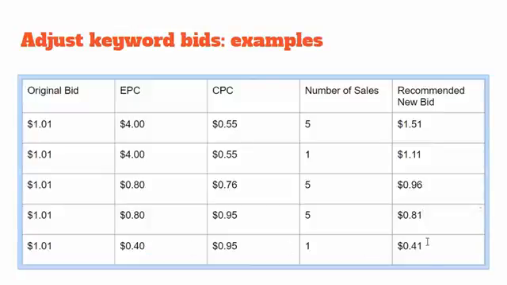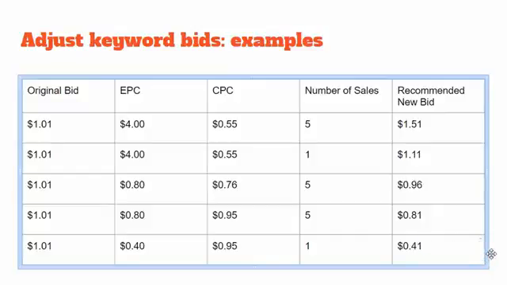So the maximum CPC would be 41 cents. But again, 99% of the time, the actual CPC should be lower than the bid. So hopefully it's going to be like 30 cents or 35 cents. In that case, the campaign will become profitable.